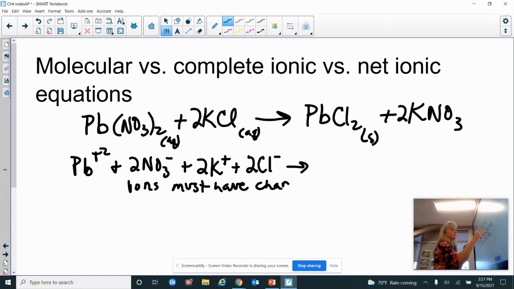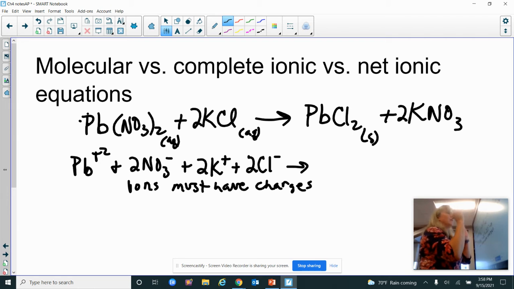There's a big difference between nitrate, which is NO3 -1, and nitrogen trioxide, which is a gas, just NO3. So if you just wrote NO3 here, that is not the same thing. This is nitrate, the ion. Lead +2 in this ionic compound is different than just Pb, which is solid lead. And the solid lead is losing 2 electrons to become stable. So Pb +2 is more stable. That's the ion. So you have to have the charge on the ion.